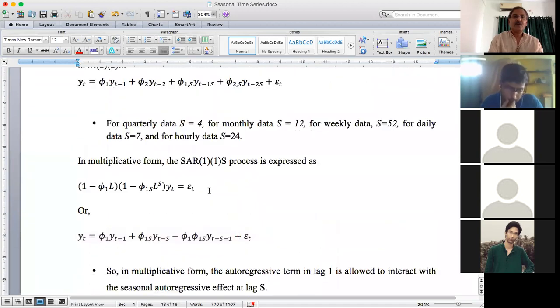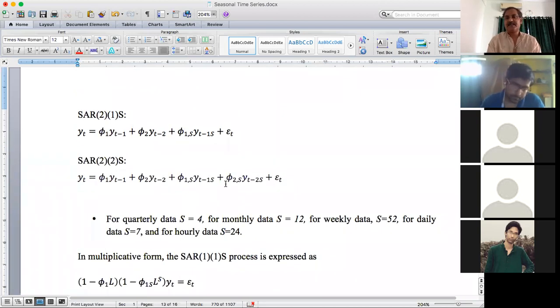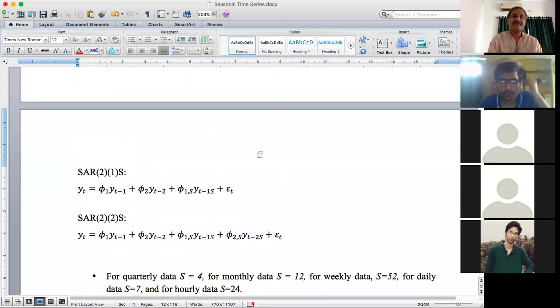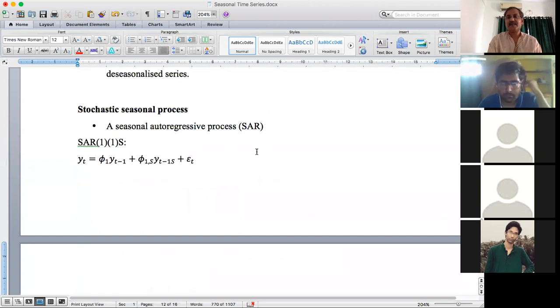Okay, so in the autoregressive process, our basic task is to analyze the nature of stochastic behavior, because you have expressed the seasonal process in autoregressive form, assuming that the seasonal process is stochastic.